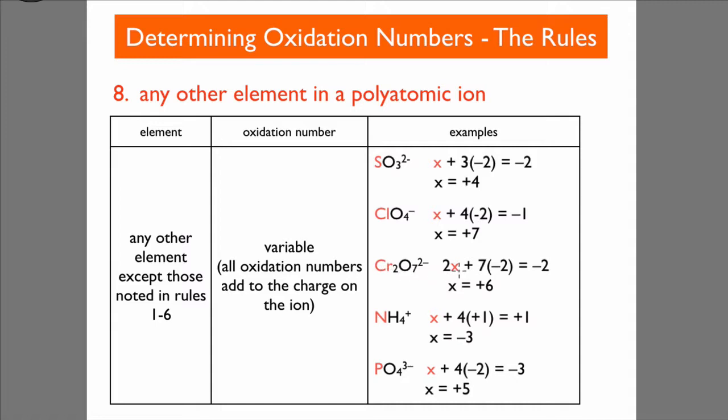We've got 2 chromiums, and the overall oxidation state is -2, giving us an oxidation state of +6 for the chromium. In the ammonium ion, we've got 4 hydrogens, each is +1, and so to balance that and give us +1, we need an oxidation state of -3 on the nitrogen. And here we've got 4 oxygens, each with a -2, and so the oxidation state of phosphorus, to give us an overall -3, must be +5.